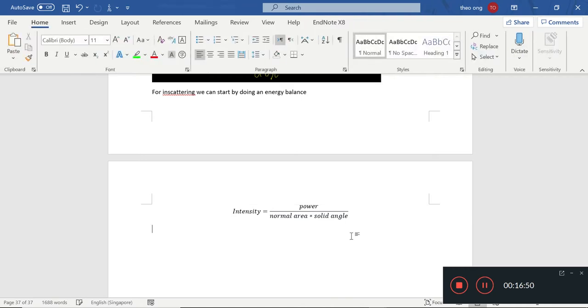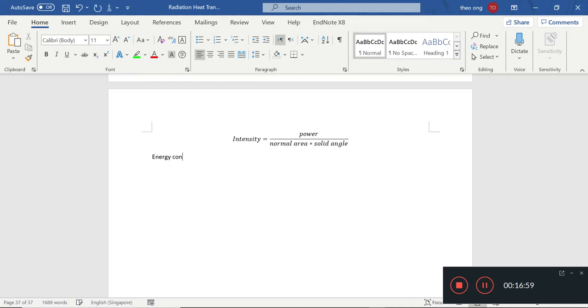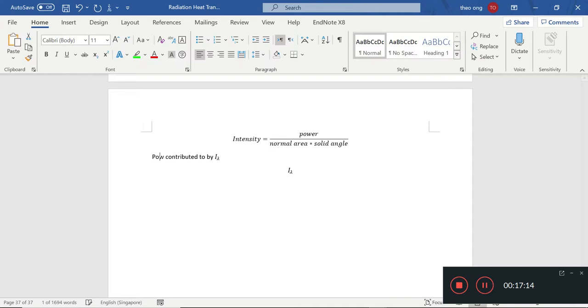So what is the power contributed by I lambda? The power contributed by I lambda is equal to I lambda times dA times the solid angle d omega.